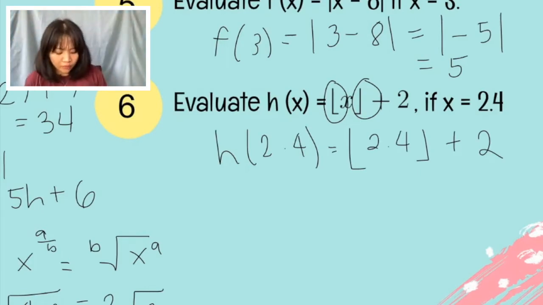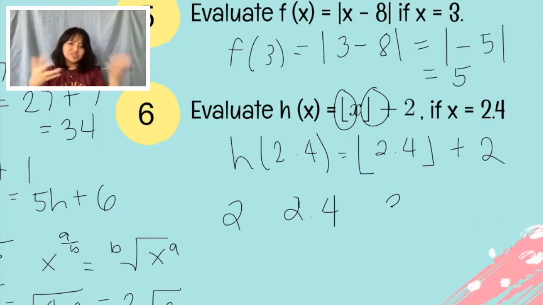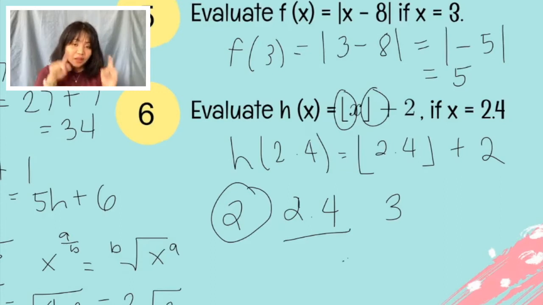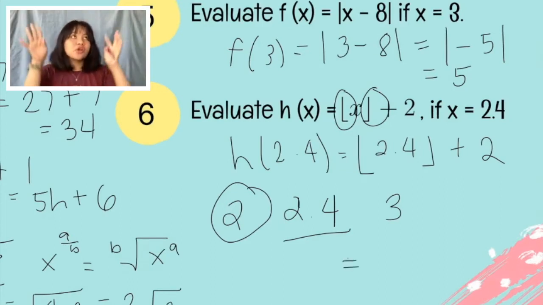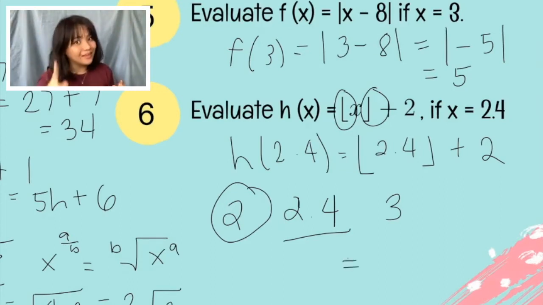So, 2.4 is somewhere sa gitna ng 2 and 3. If we're going to round down, rounding down 2.4, that's 2. That's going to be 2 plus 2, which is 4.